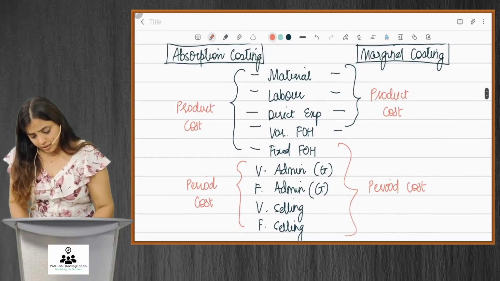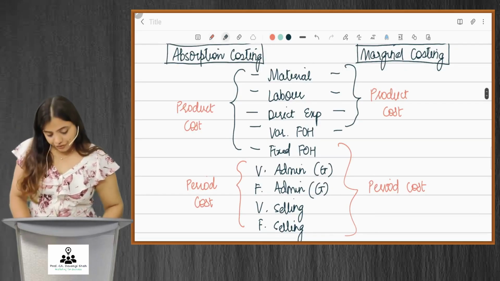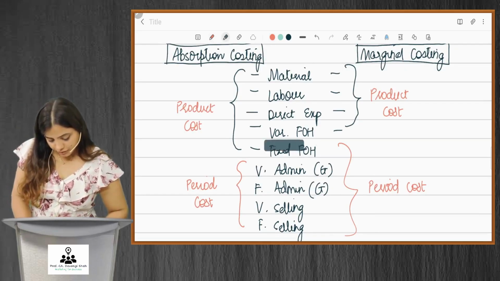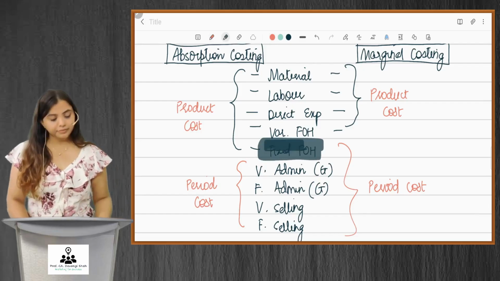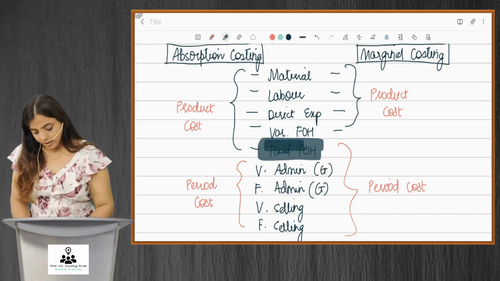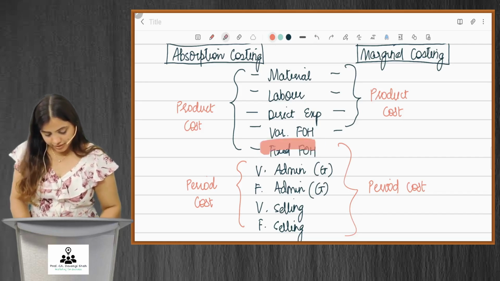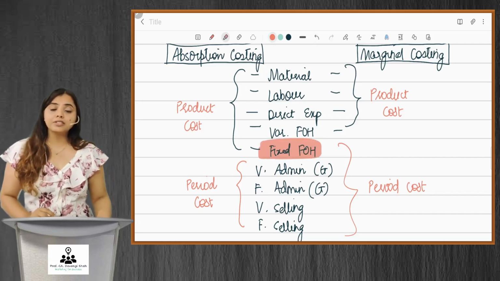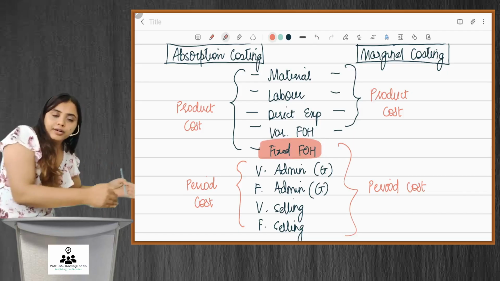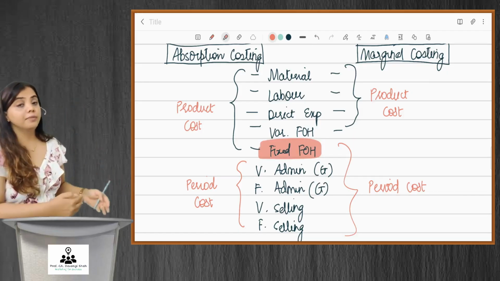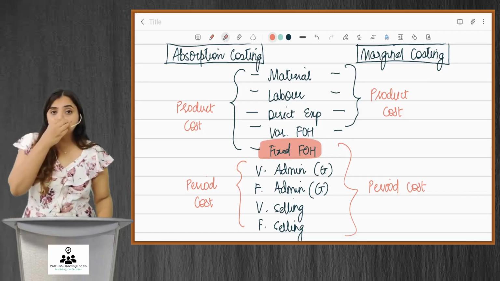So friends, did you mark the difference? The difference is just one, that is fixed factory overheads. This fixed factory overheads is included in absorption costing stock, but it is not included in marginal costing stock.